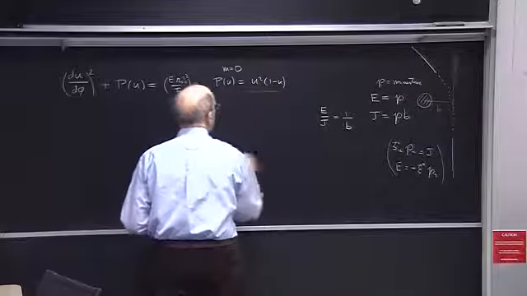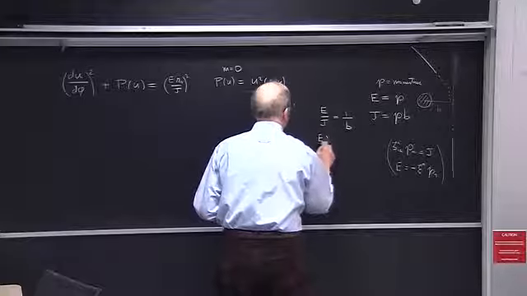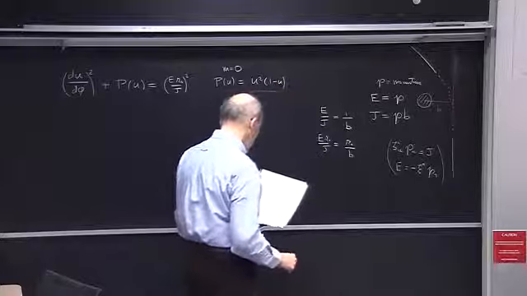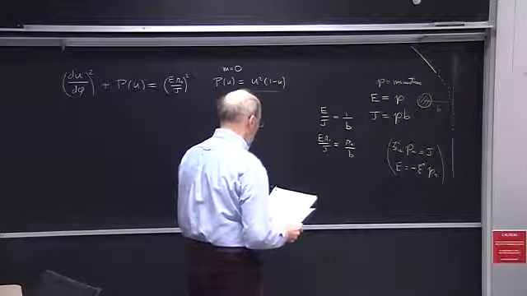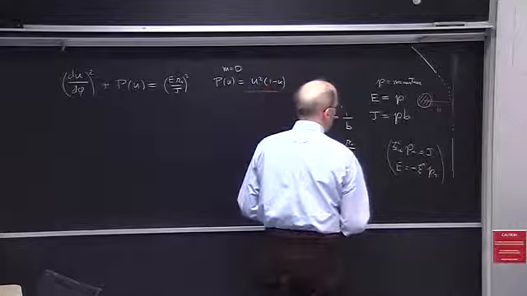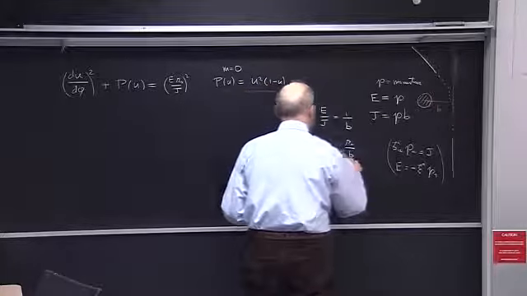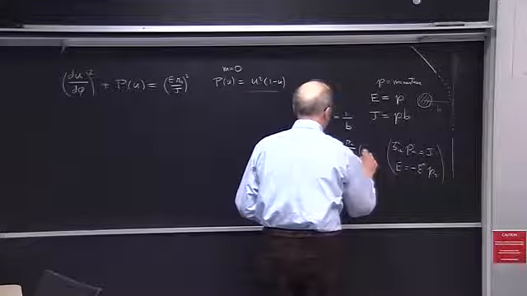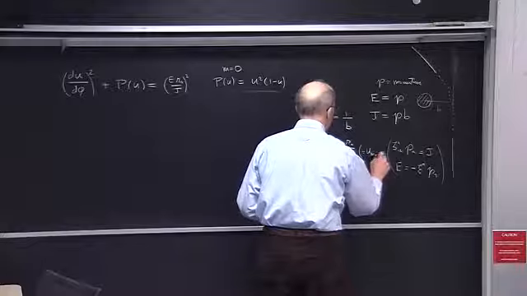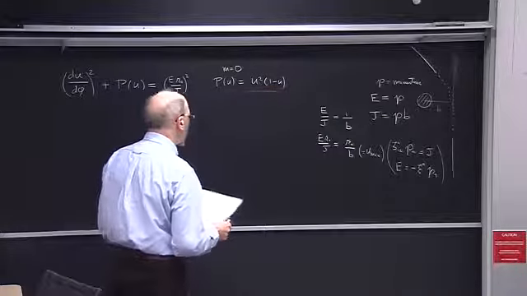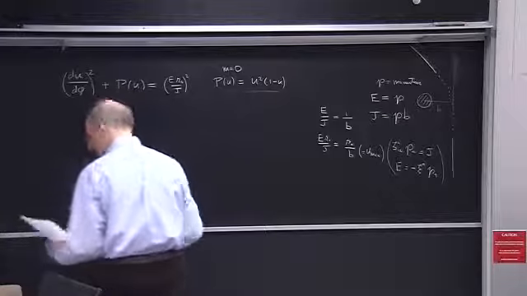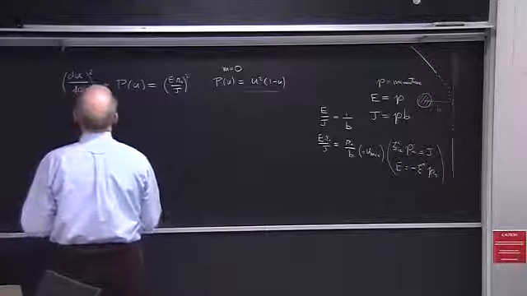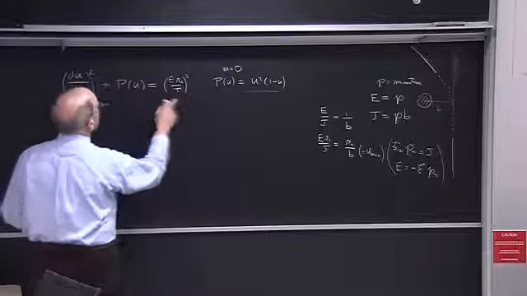So this whole thing, E r naught over J, is just r naught over b. This is the closest approach, so it's the largest value of u, which is u max. Now that it's all reduced again to an integral, let's rewrite this.